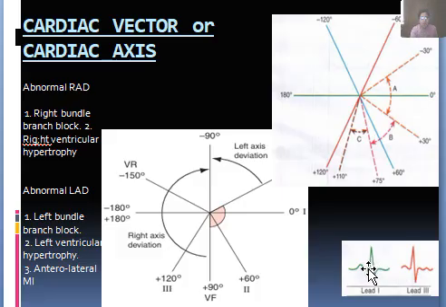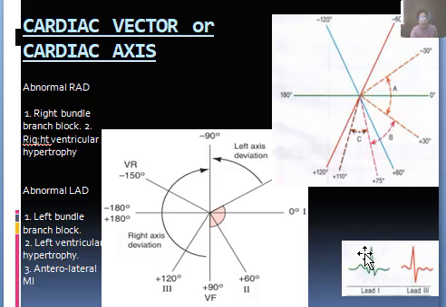So count the squares covered by each R wave. Suppose 1, 2, 3, 4. In the ECG leads there are some pink color squares, so count those squares: 1, 2, 3, 4, 5, 6, 7, 8, 9. Suppose there are 9 squares.